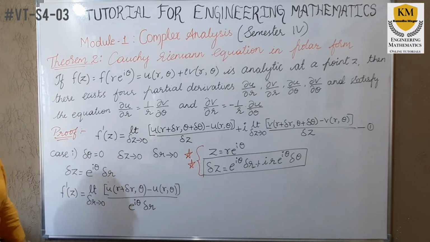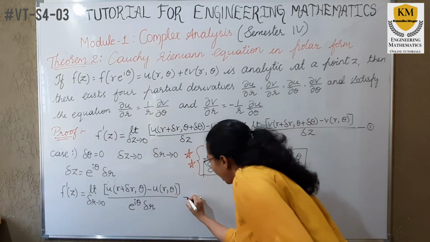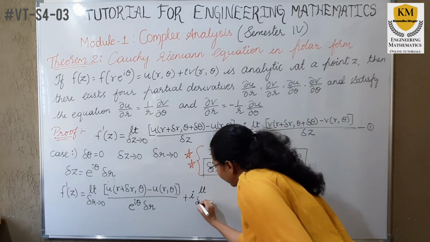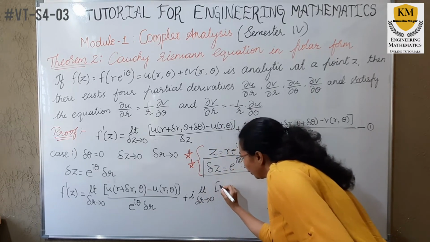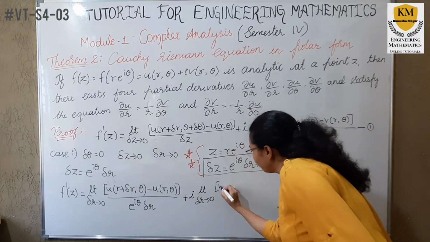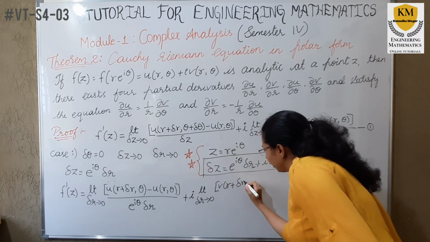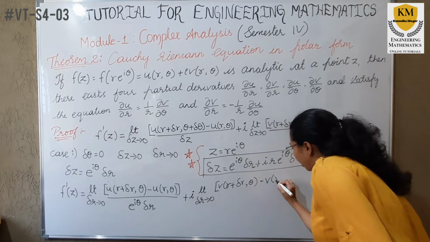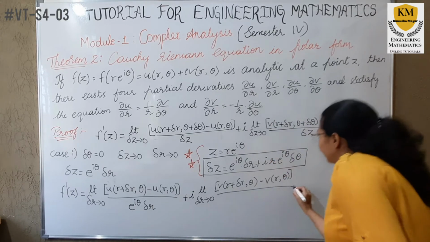I am just going to write only this function, that is e to the power i theta into del r. Further, let me continue over here for the imaginary part: i limit del r tends to 0, v of r plus del r comma theta minus v of r comma theta, whole divided by del z.